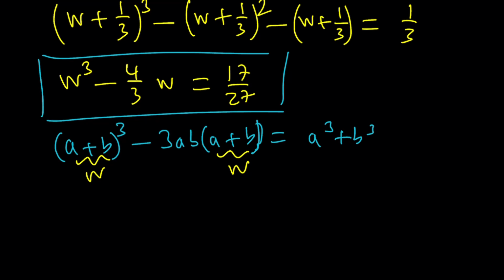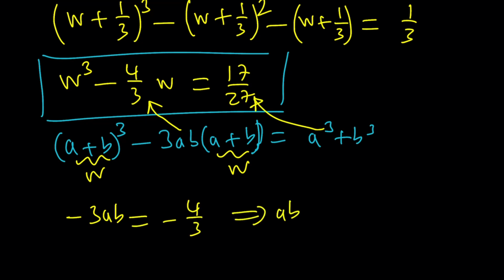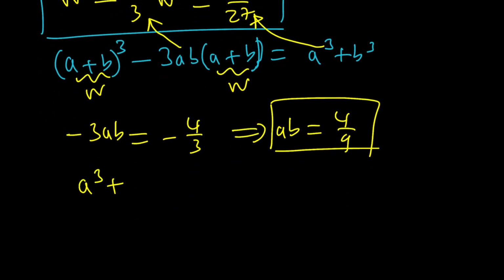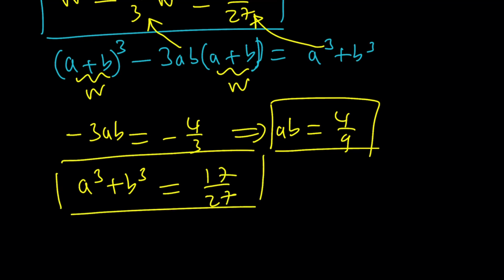Therefore, by comparing the coefficients here and here, we get -3ab equals -4/3, which implies ab is equal to 4/9. And by setting the constants equal to each other, that implies a cubed plus b cubed is equal to 17/27.